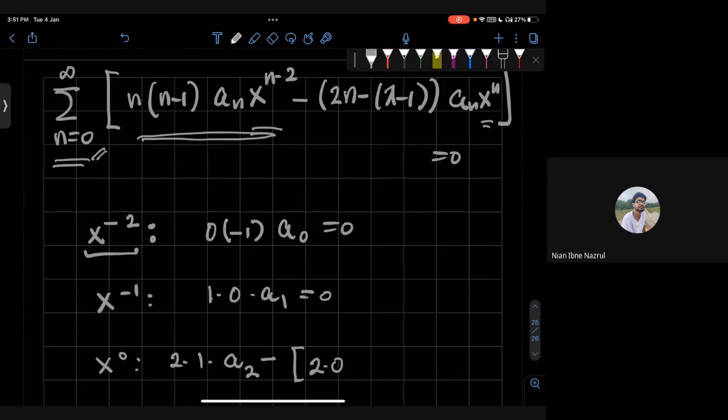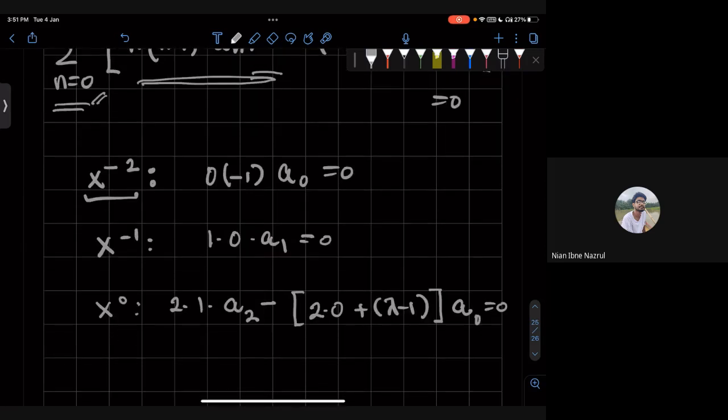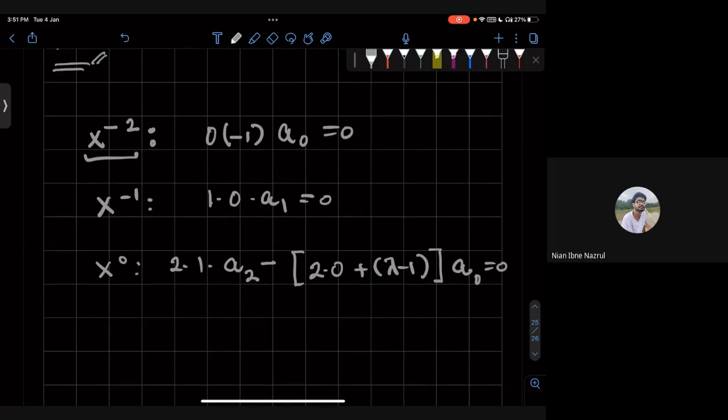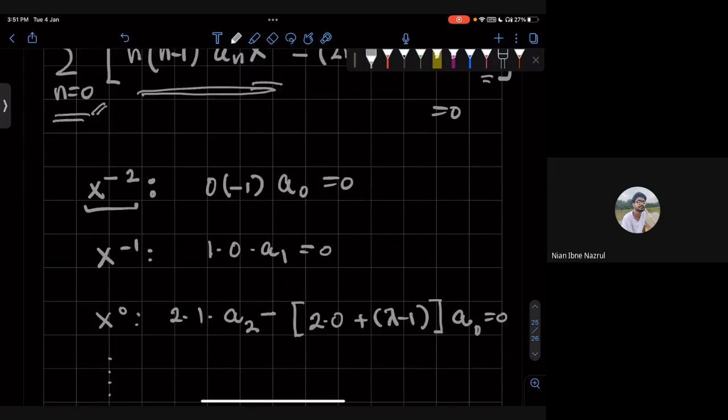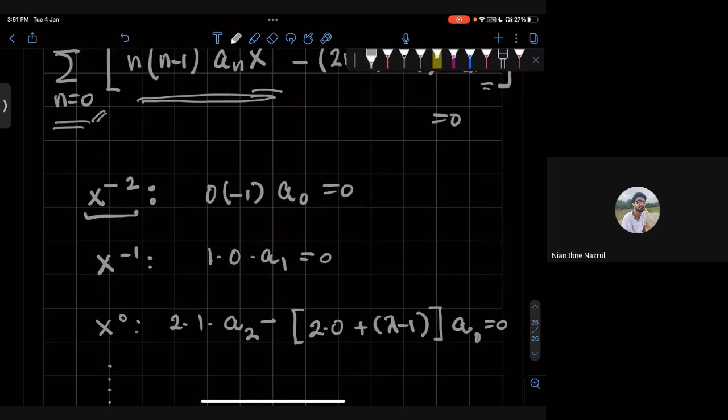This is plus lambda minus 1, and then here a0. So here we get a useful equation for a0. So this is awesome.